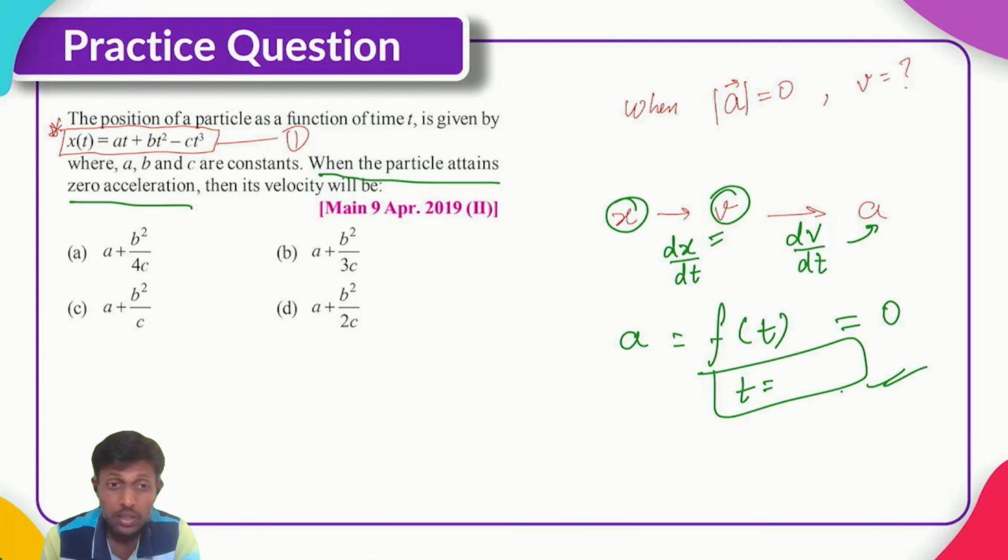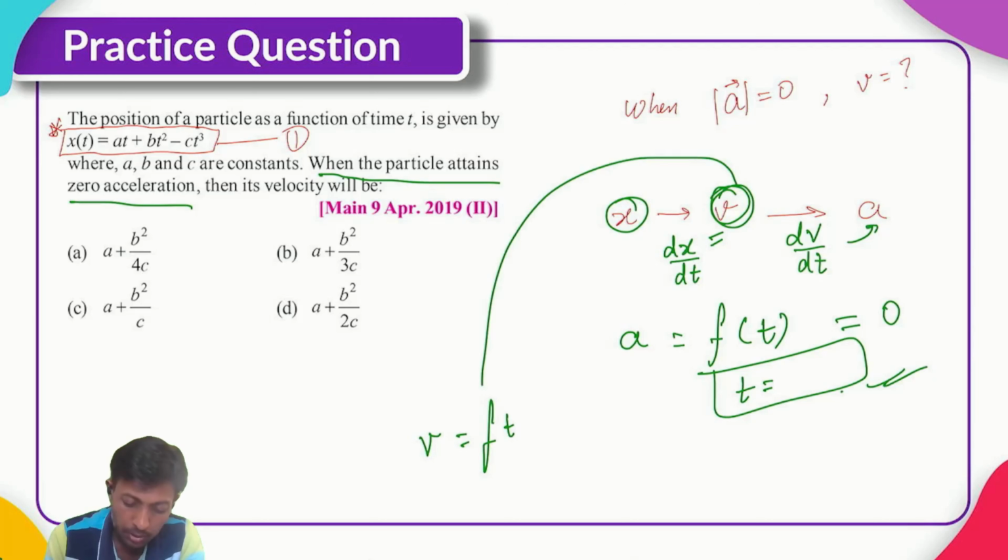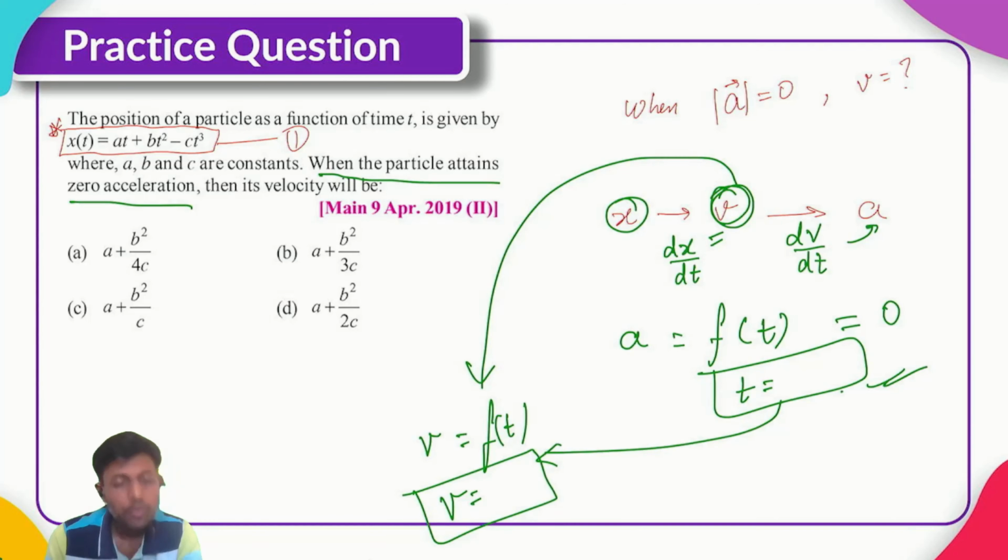Once we find out the time, then we substitute this time in the expression for velocity, which you found out from here. You substitute this value of time here and get the value of velocity. I'll repeat the process once again. We'll use equation 1 to find out the expression for velocity.